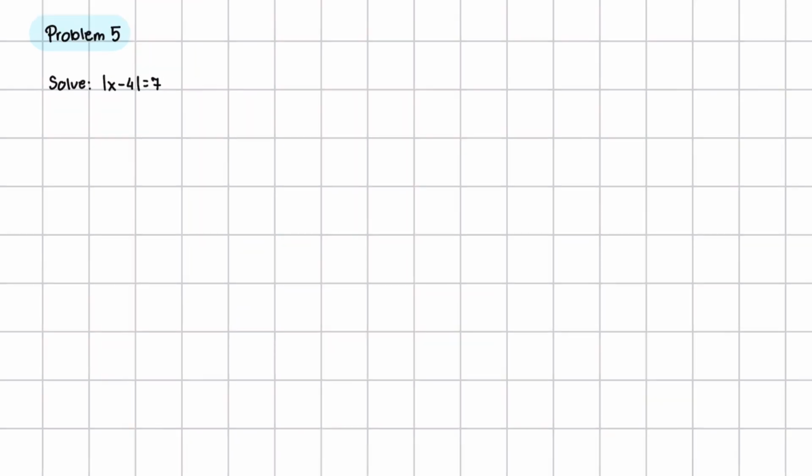In problem number 5, we have to solve the absolute value of x minus 4 equals 7. So we can simply solve it using our GDC, but we can also solve it manually. And we know that if we have absolute value, our answer will be positive.